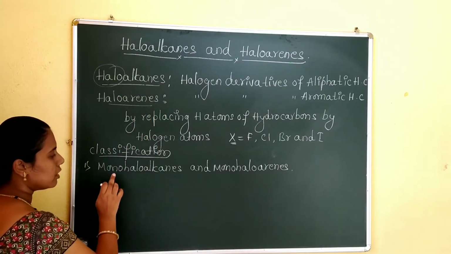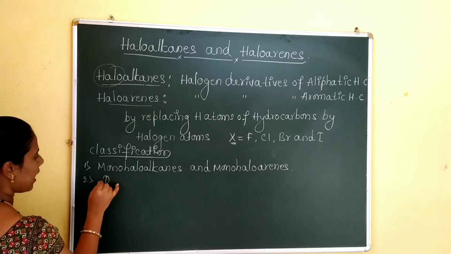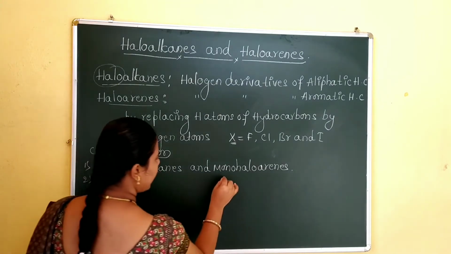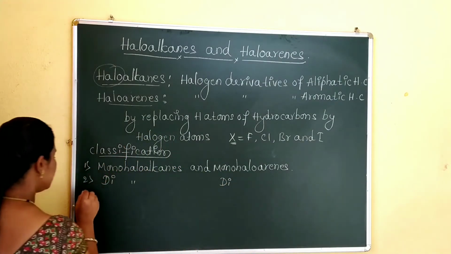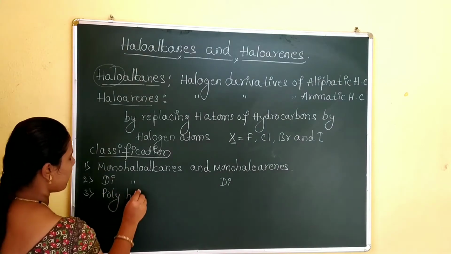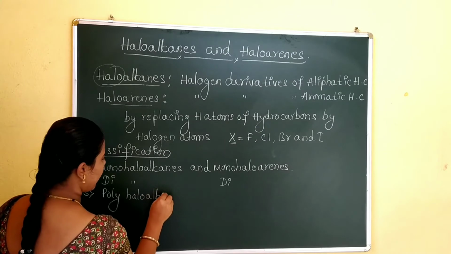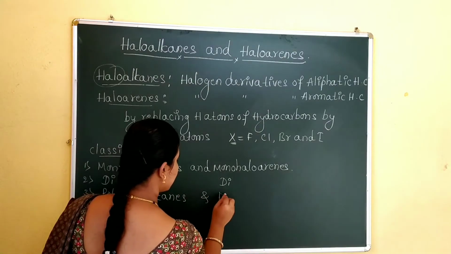They are classified as monohaloalkanes and monohaloarenes, dihaloalkanes and dihaloarenes, and polyhaloalkanes and polyhaloarenes.